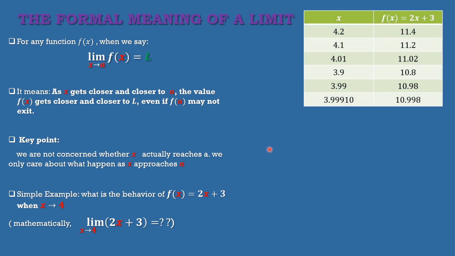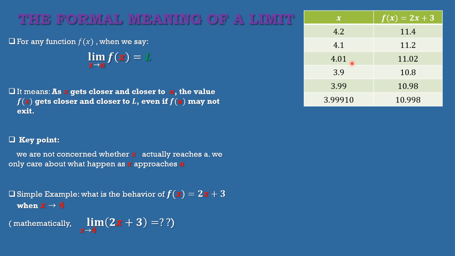So here, let's look at this particular table. The x values here indicate all values that are closer to 4, like 4.2. When you substitute 4.2 as an input to the function f of x, the result is 11.4. When you substitute 4.1, the result is 11.2.